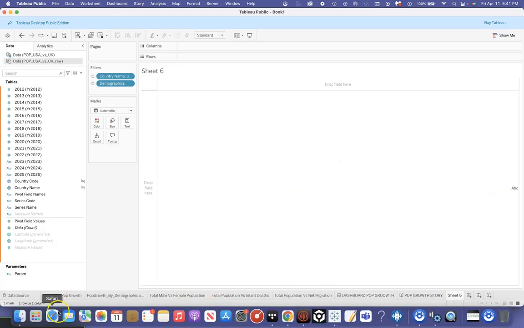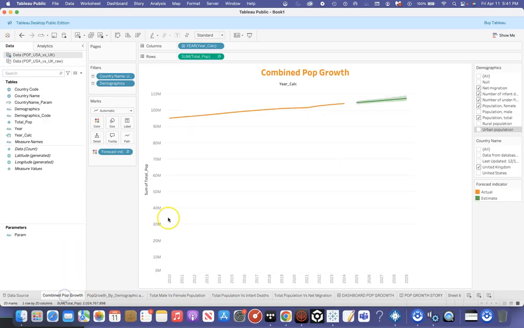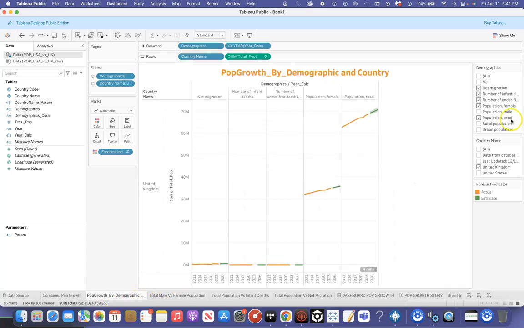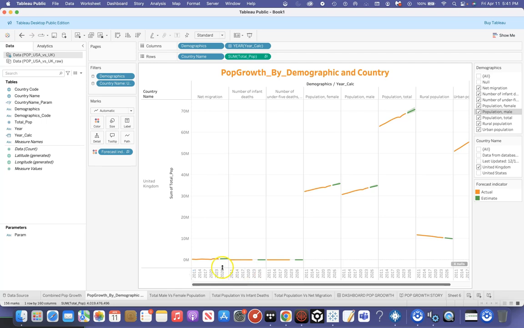I have a total of 5, and the first is just looking at the combined growth for both countries over time. You can see there's been a steady increase, and the projection values up to 2029. For the second chart, I started to look at different demographics by all of the countries. You should be able to see what the lines tell.